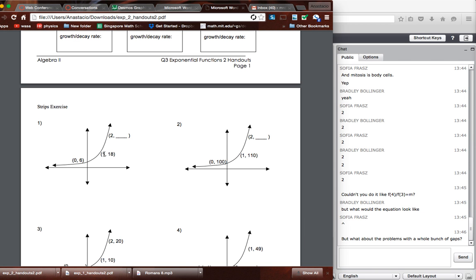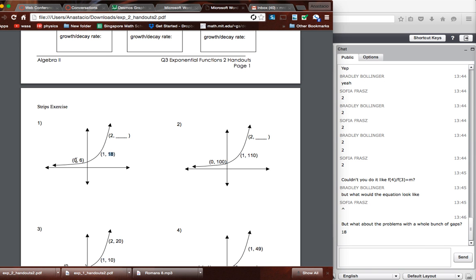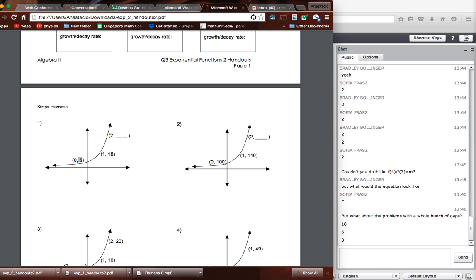Because look, if I take the f value at x equals 1, what is the function value? 18, right? And I take the f value at 0, and what is that? It's 6. So if I take 18 divided by 6, what is my r value? It's 3. Are we cool?